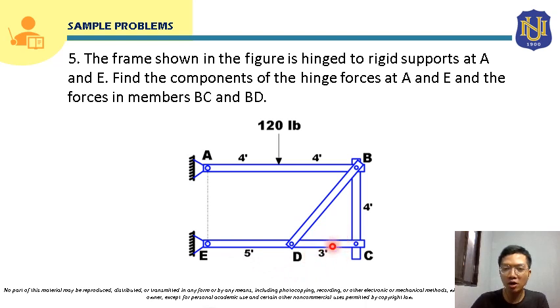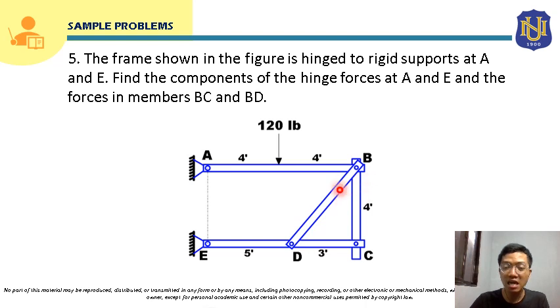Now, for member BD, it's not mentioned in the problem that we will consider the weight of the members, so we will neglect the weights here. At member BD, there's no applied load within its span, so weight will also be neglected.